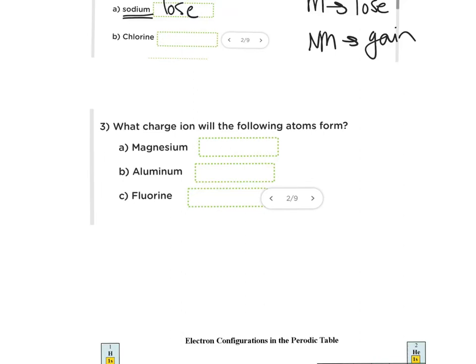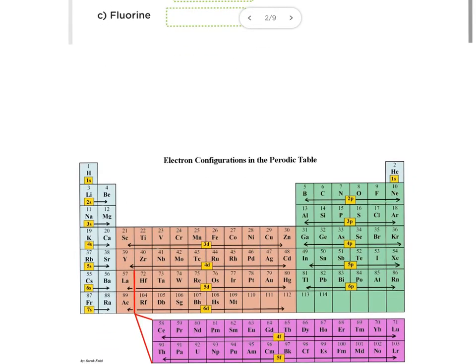All right, and in the last question, it's going to ask you, what is the charge that is formed? So here you have magnesium. Okay, Mg. We want to know the charge. So you need to check. Magnesium, where's magnesium? Here's magnesium.